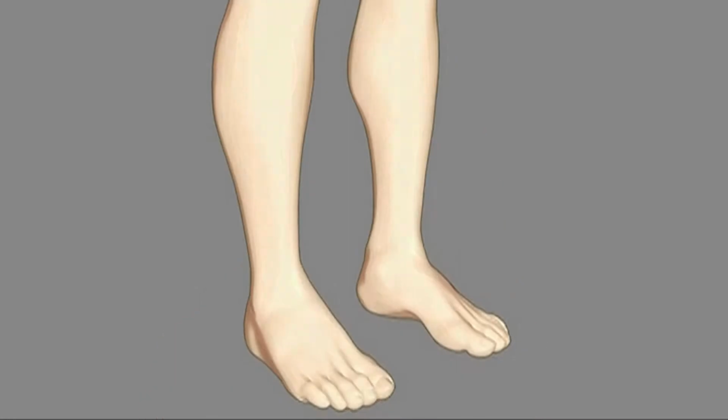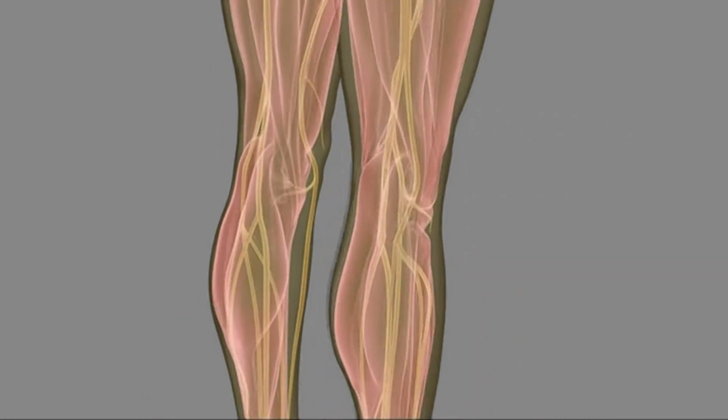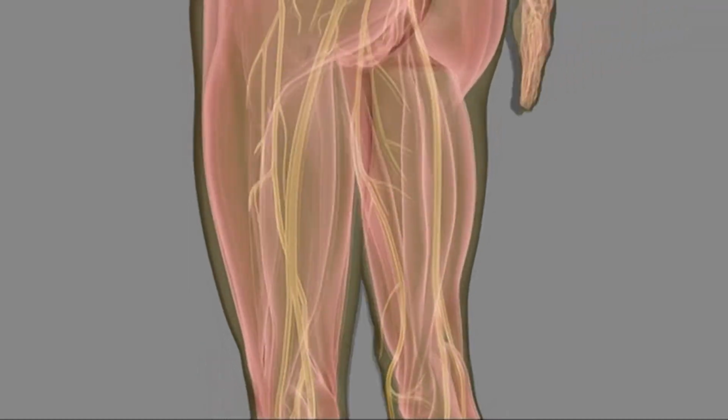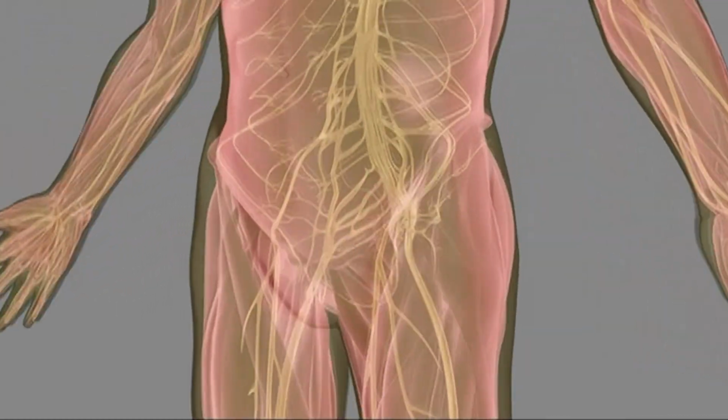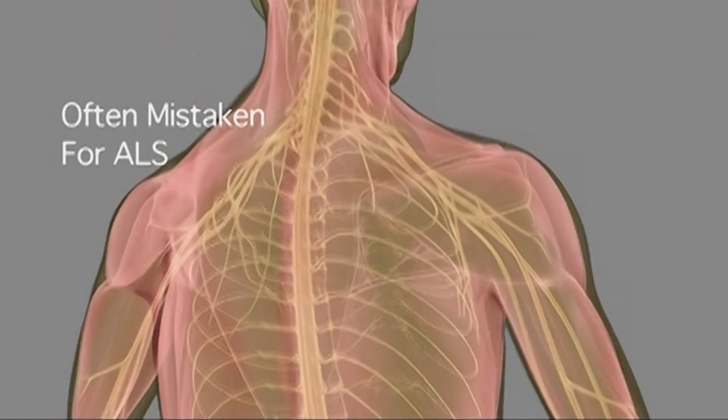They said I would die. My doctor told me I had ALS. They said I wouldn't live to see my kids grow up. But their doctors were wrong. Multifocal motor neuropathy, referred to as MMN, is a rare disorder that progressively weakens muscles in the extremities and is often mistaken for other serious neuropathies, as well as the ultimately fatal condition known as ALS or Lou Gehrig's disease. But unlike those disorders, MMN affects only lower motor nerves and has no sensory involvement.